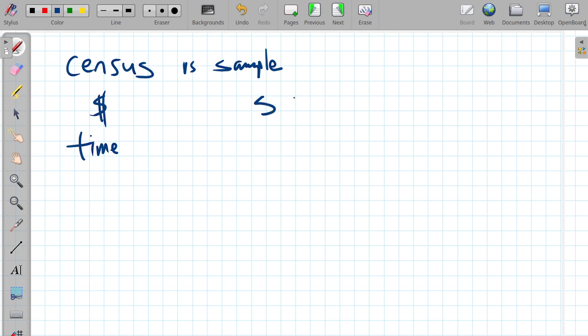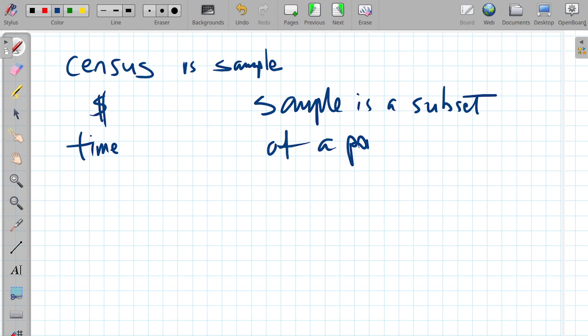Okay, what's a sample? A sample is a subset of a population. That's what it is. It's a subset of a population.